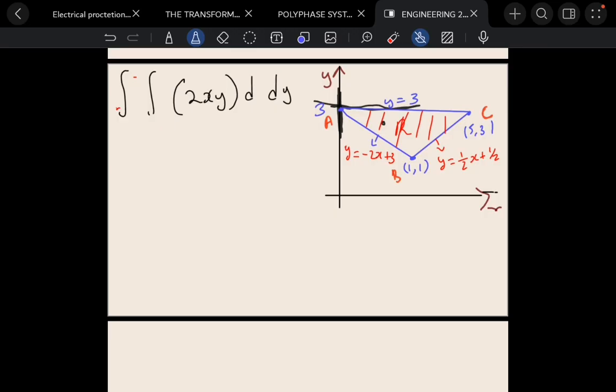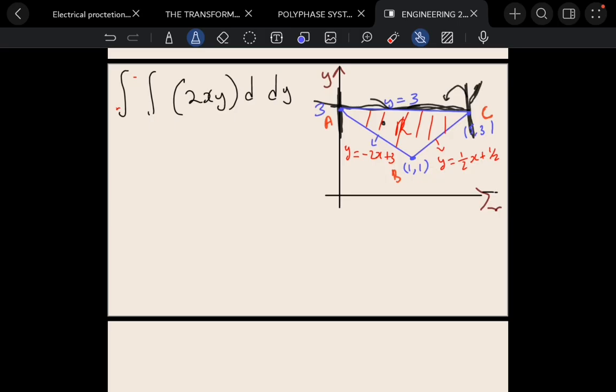Let's go to C. When we draw a vertical line like that, does this vertical line enter this region? No. When you draw a horizontal line like that, does it enter that region? No, right? With the same line, it does not.